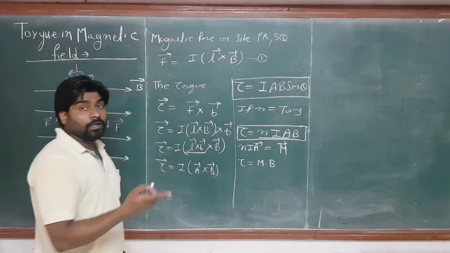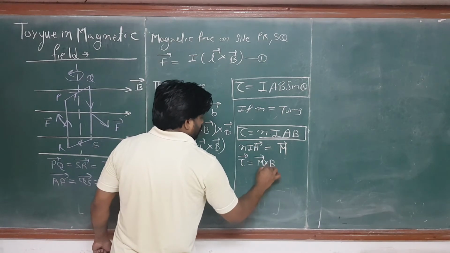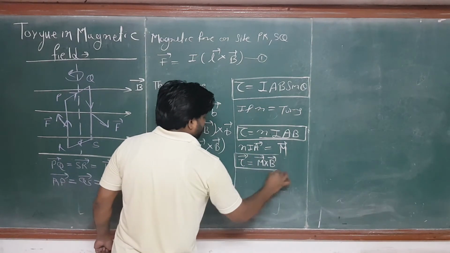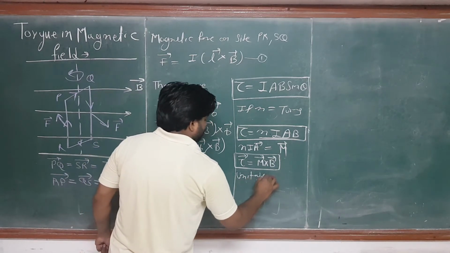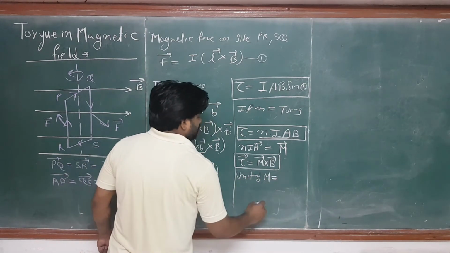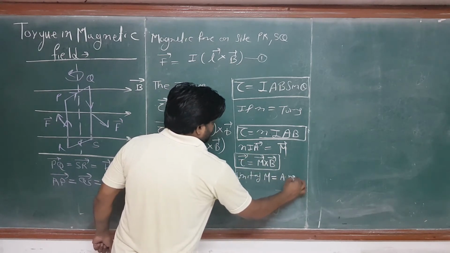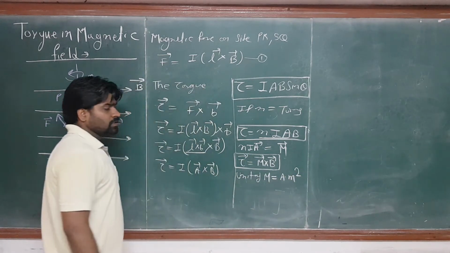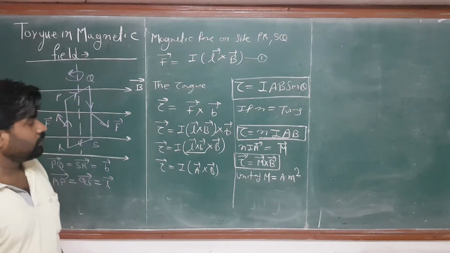This is in the magnitude form. If you want to write in vector form, then vector tau is equal to vector M cross vector B. What is the unit of M? The unit of M is ampere meter square, and you can mention its dimensional formula, right? Okay, do this.